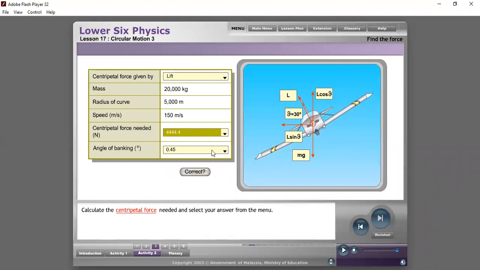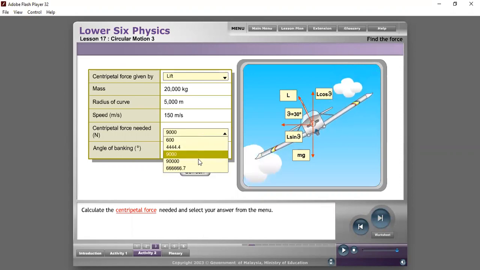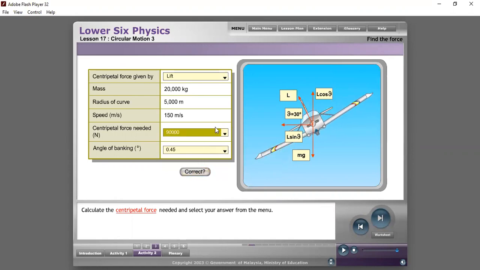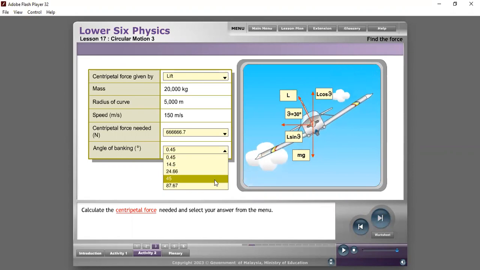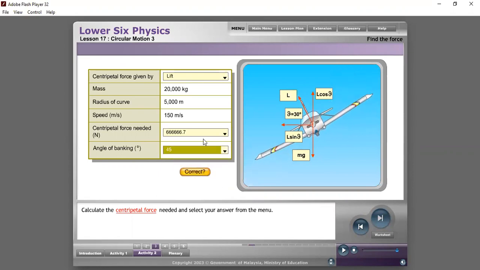Then what happened? Let me check. We try one by one. 90,000 is also wrong. So we should find out the angle, right? This angle, if not wrong, sorry, should be 45 degree.